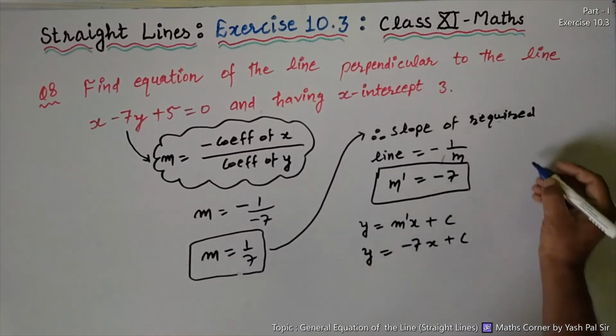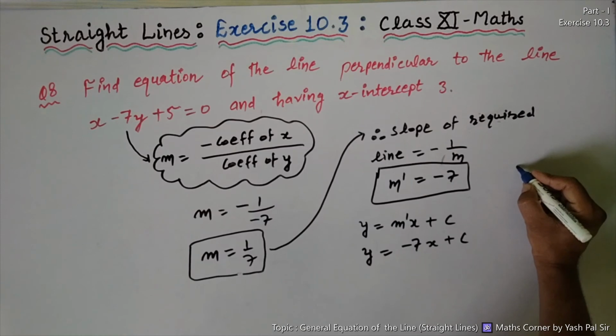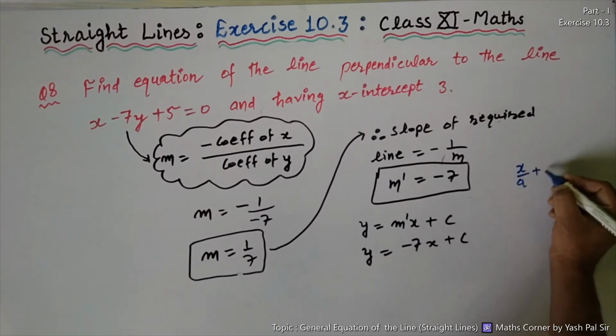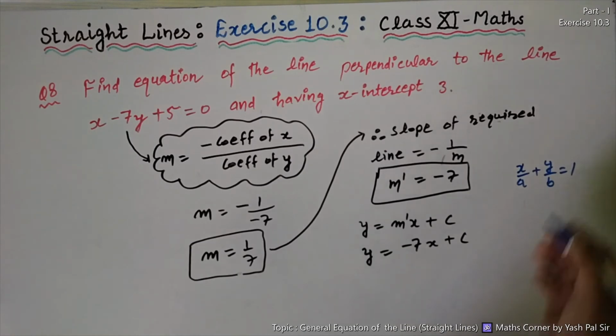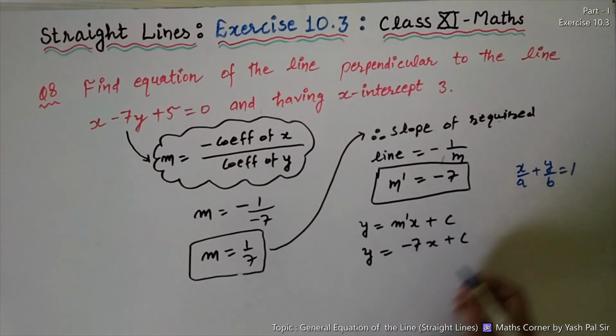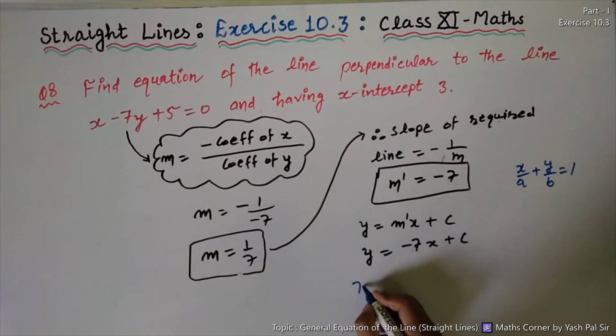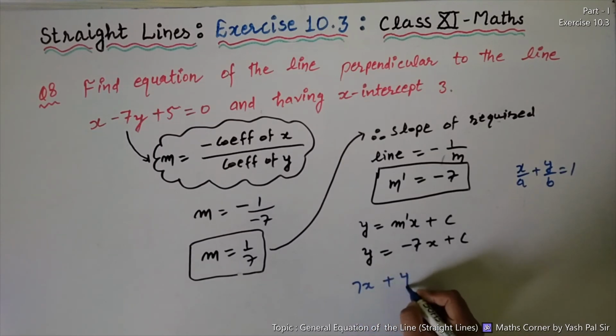Okay, now the x intercept is 3. What is the intercept form? This is like x upon a plus y upon b is equal to 1. So converting this equation, we have 7x plus y is equal to c.